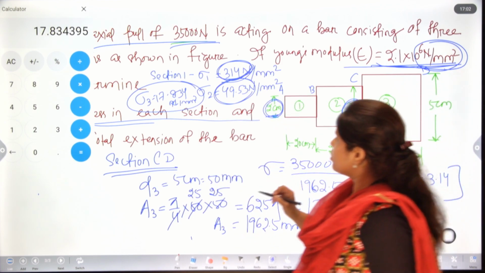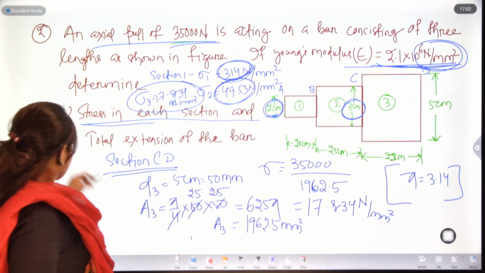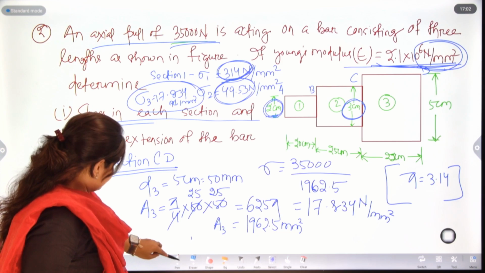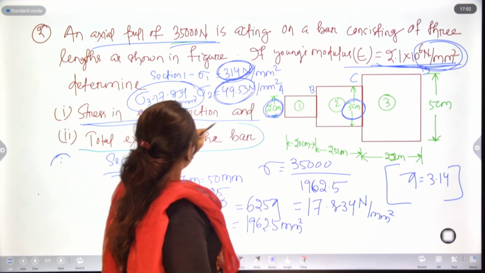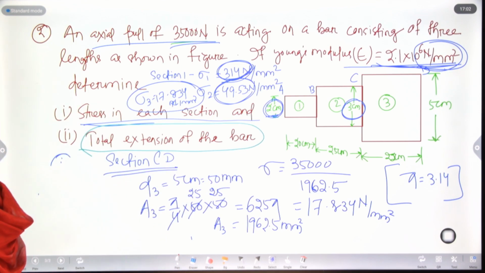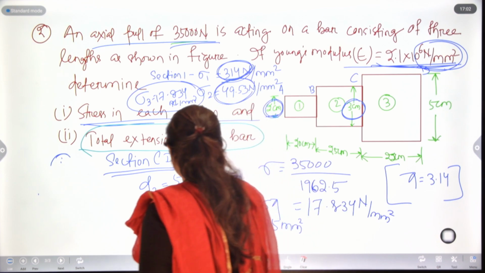So, in our next question, what I have asked here is the total extension of the bar. That means we need to calculate del L values.